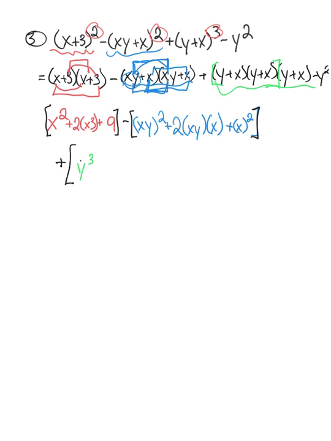Then take your last term and also cube it. Now you need to know that you're going to go down in power of the y's and go up in power of the x's.